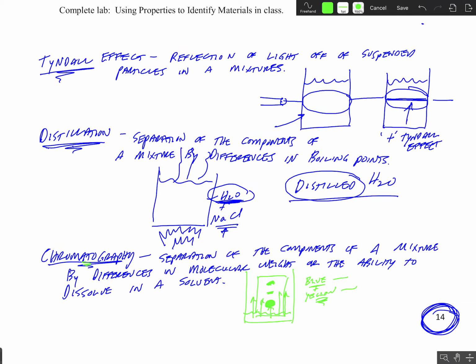That's called chromatography, and that's the ability to separate the components of a mixture by differences in molecular weights or the ability to dissolve in a solvent. Once again, for all of these, you need to watch the videos to get a better understanding of what I'm talking about here.